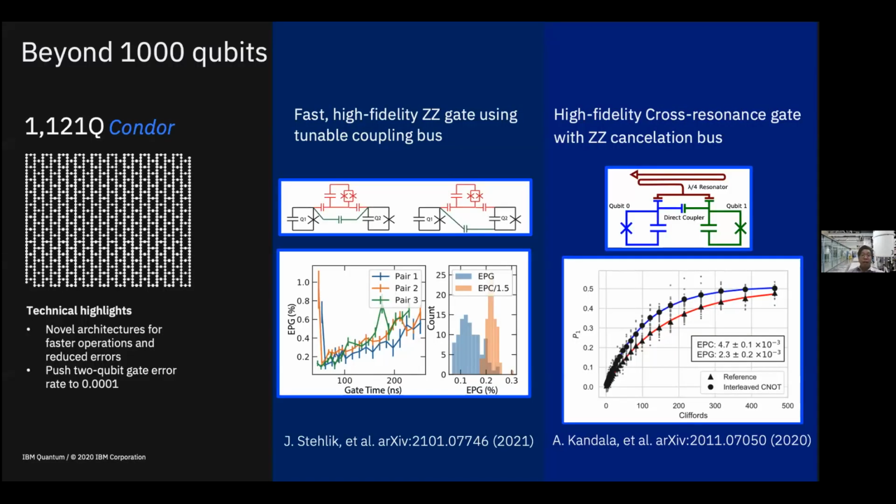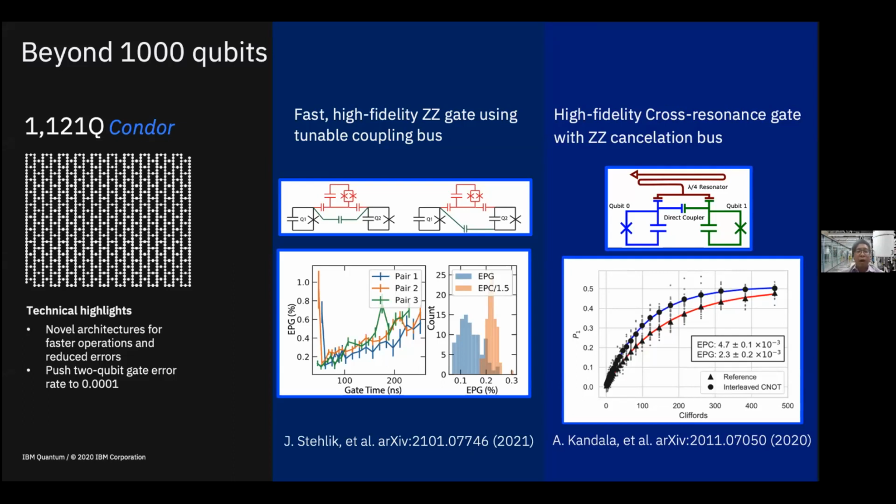So now looking beyond even that Osprey level, right? By 2023, we want to drive towards over 1,000 qubits, which itself brings yet another host of challenges in terms of system integration, as well as how we would actually package systems like that.